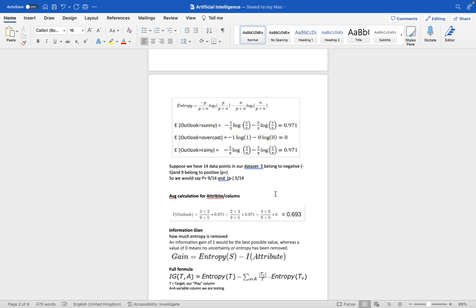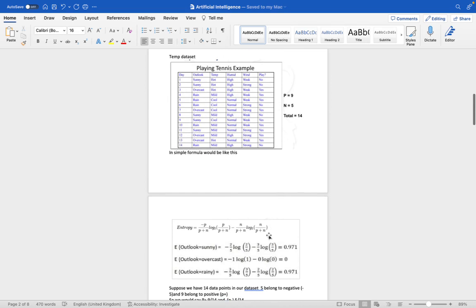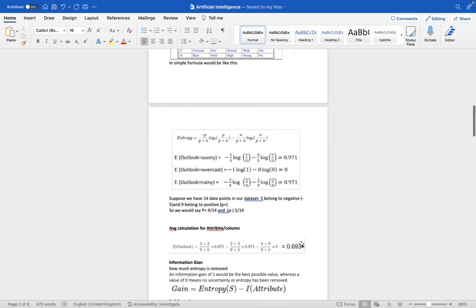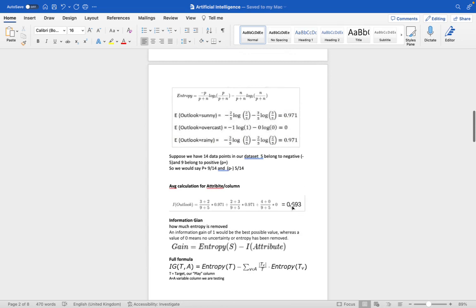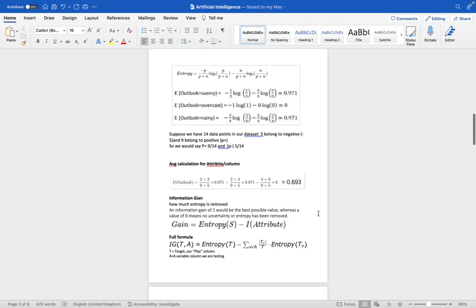The simple answer is that the attribute which has the highest value will be our root node. I did not calculate all that in my Word file, but all the other columns have lower values, so that's why I did not mention them. So the outlook has the highest value here, so the outlook is our parent node.